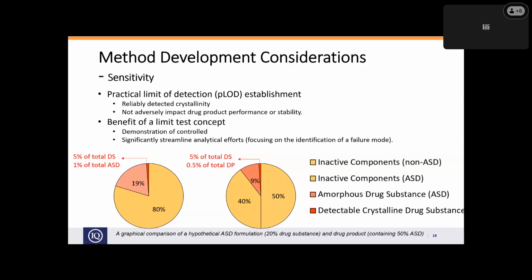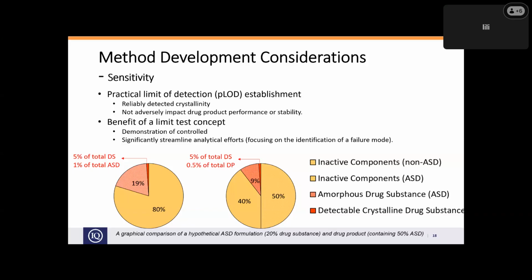Using this approach does simplify the crystallinity method development effort, so the focus of the method will just be on the failure mode, where there is bioperformance impact by the crystallinity level. Another note is on the expression of crystallinity limit.